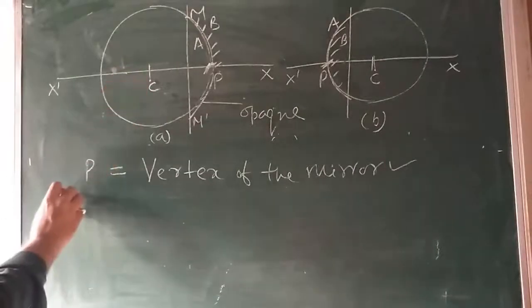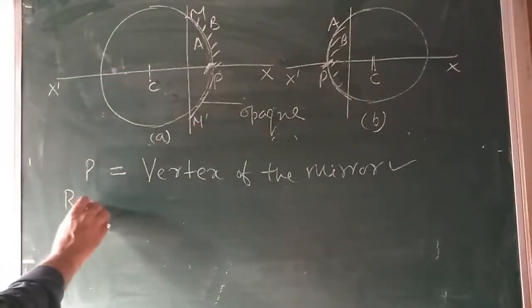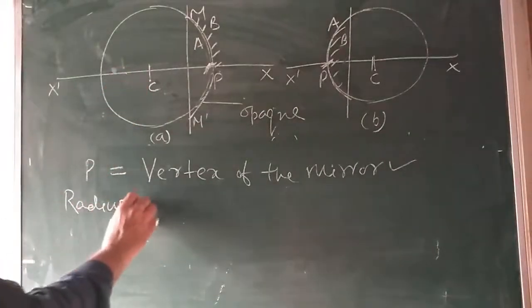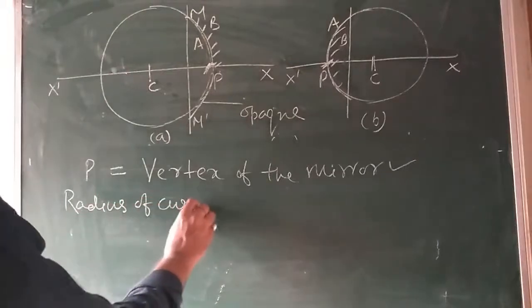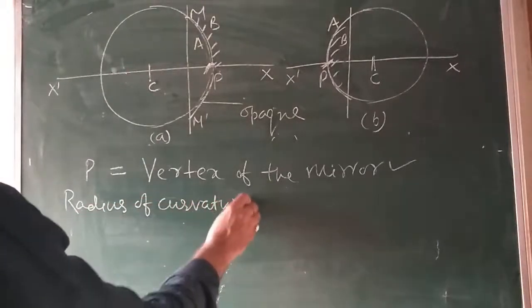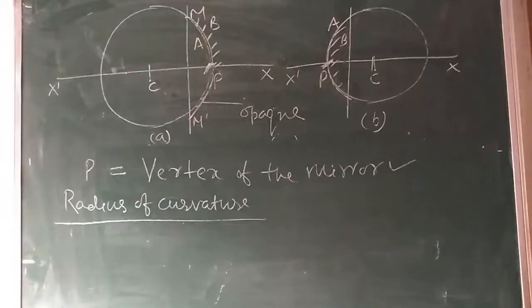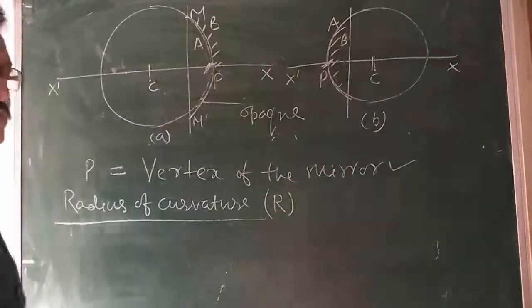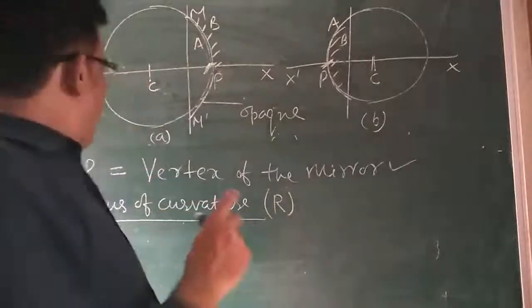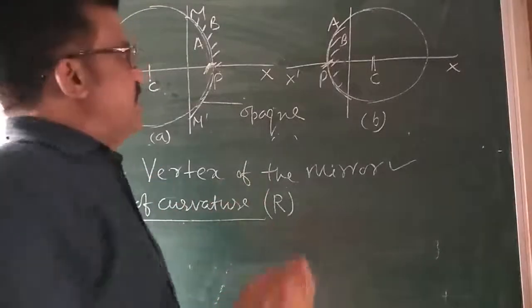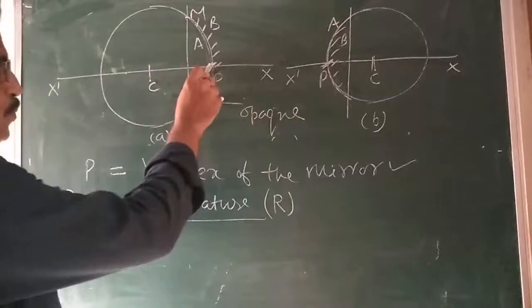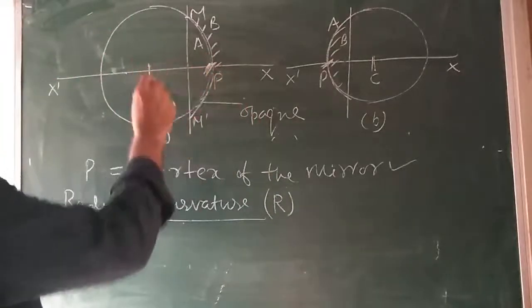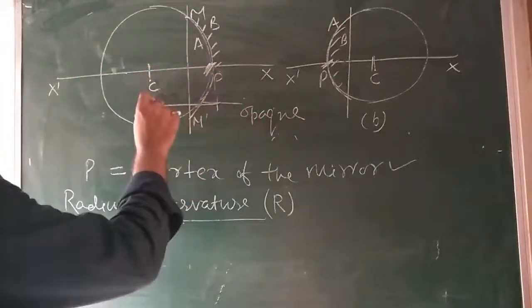Now, another thing is radius of curvature. What is radius of curvature? Its symbol is capital R. It is the distance from the pole to the center of curvature.